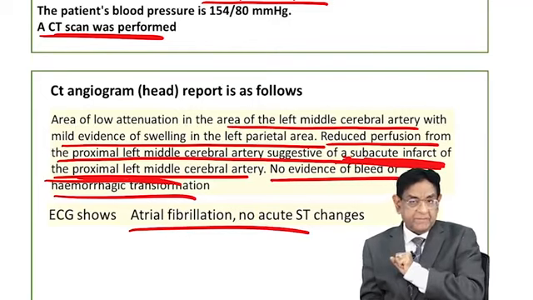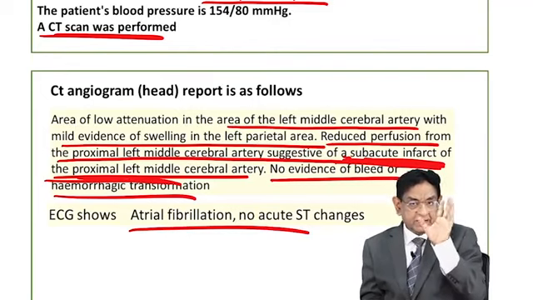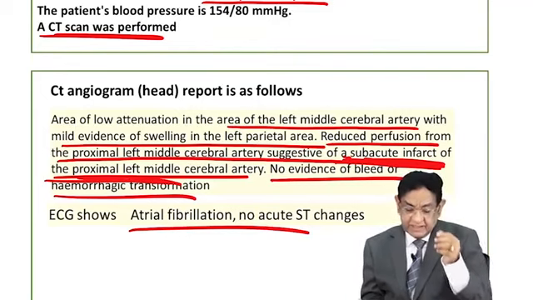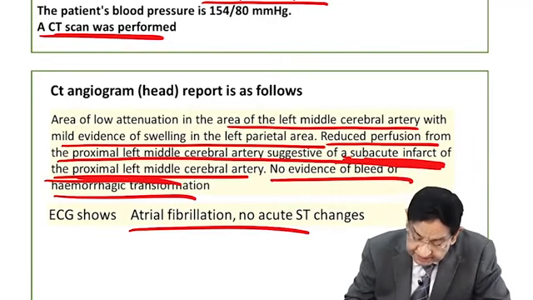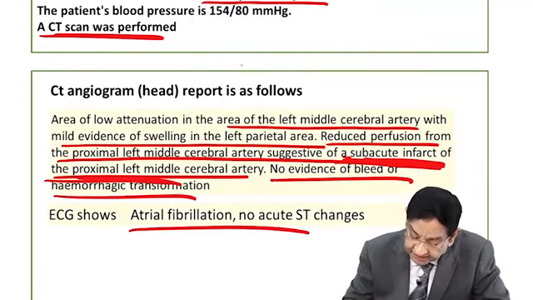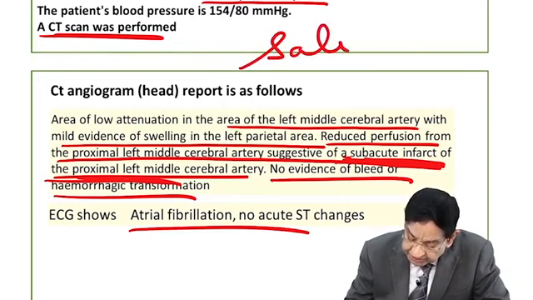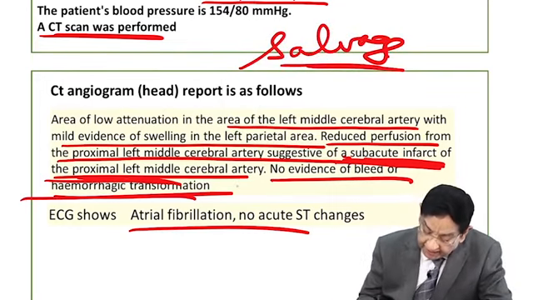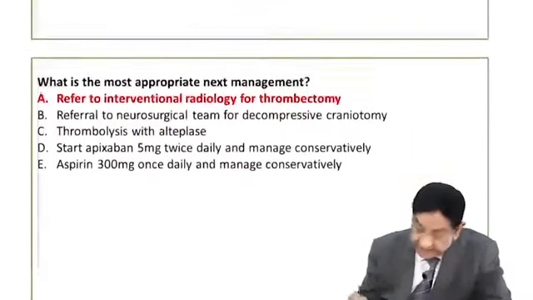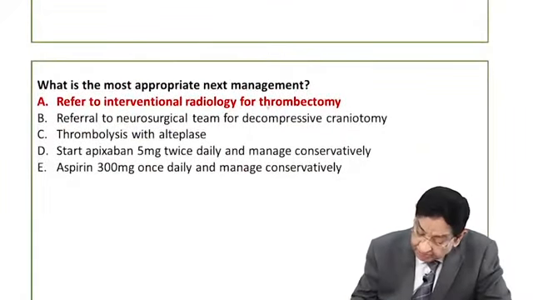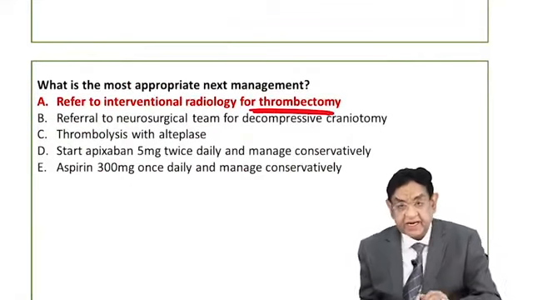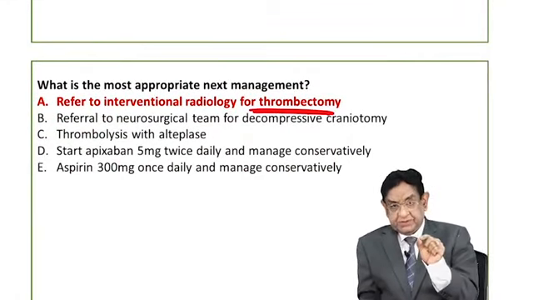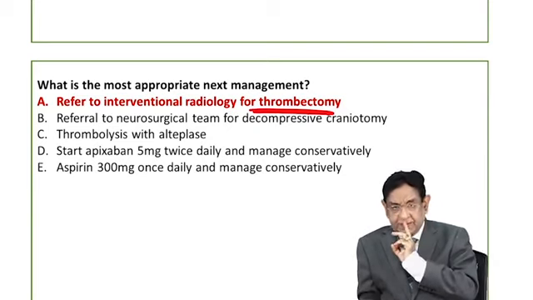What he wants to convey is that we have a certain area which we can salvage. And there is no hemorrhage, so he is the ideal candidate for thrombectomy by the interventional radiologist. The point I told you, we can go up to 24 hours, right?